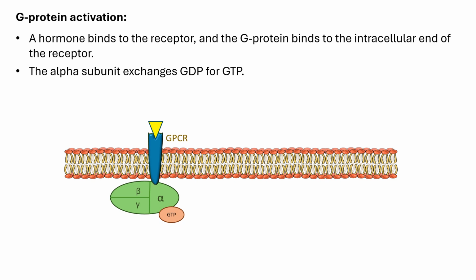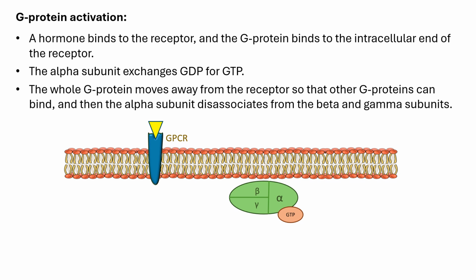The alpha subunit, when inactive, has guanosine diphosphate. In other words, it's missing a phosphate and it's missing some energy. So it's going to need energy later. So it gets rid of GDP and takes on board GTP, guanosine triphosphate, which is going to be a good source of energy later.